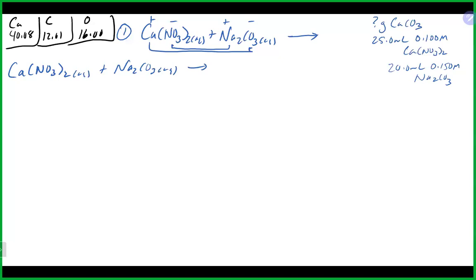And again, when we switch partners, that is calcium with a +2 charge and carbonate with a -2 charge, which means when they come together, we just need one of each to make that solid. And again, here, the sodium and the nitrate will come together. That is sodium with a +1 charge and nitrate with a -1 charge. So once again, the formula does look like this. It does not look like, again, Na2NO3 2.